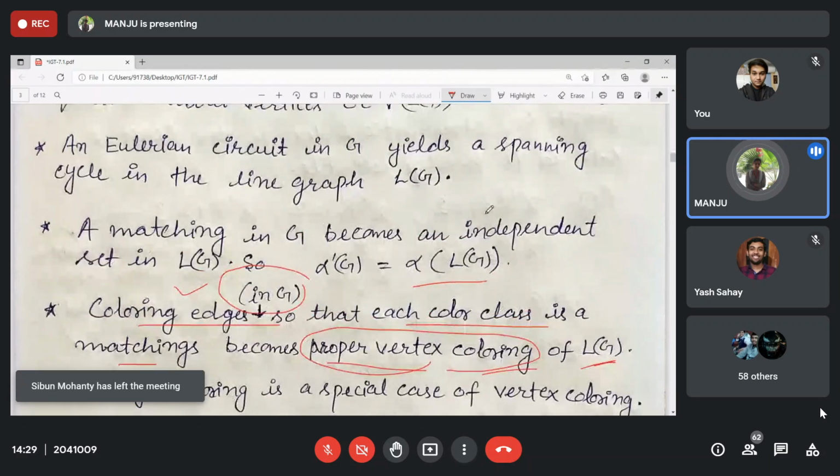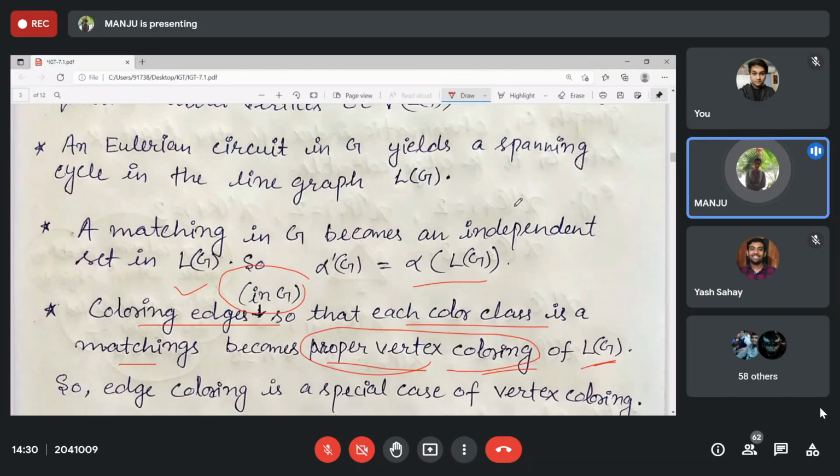And yeah, any independent edges in G form the corresponding independent vertex set, right? So that I already told you, alpha dash of G will be alpha of L(G), right? A matching becomes the independent set.